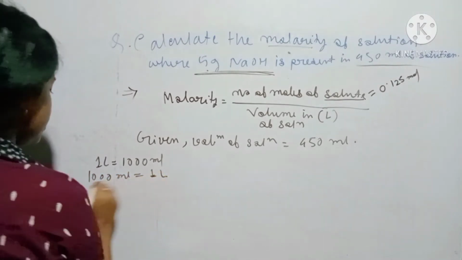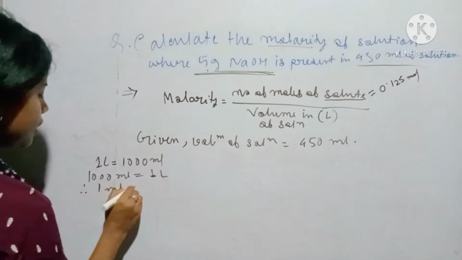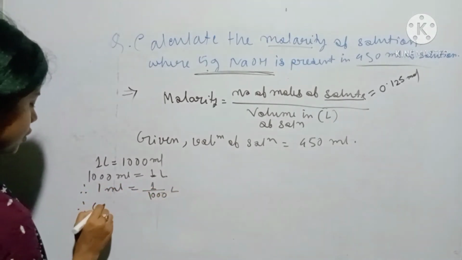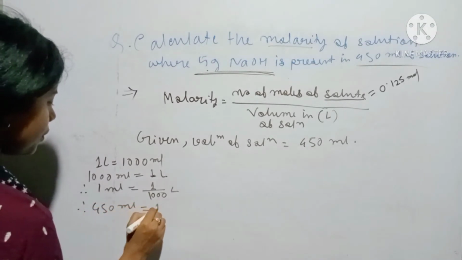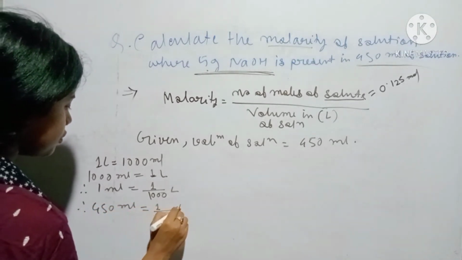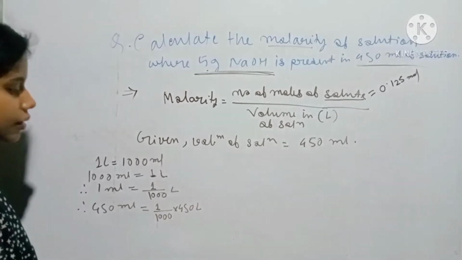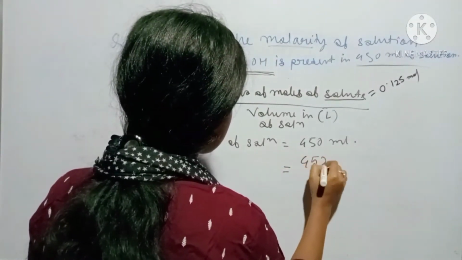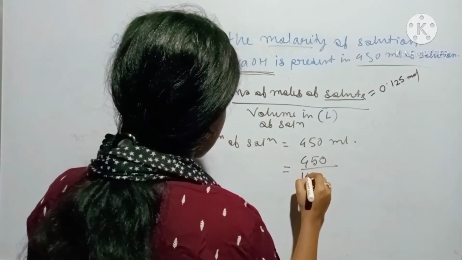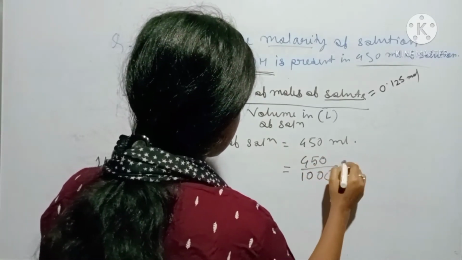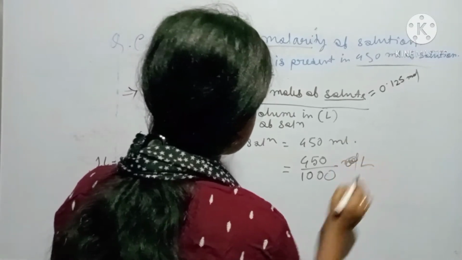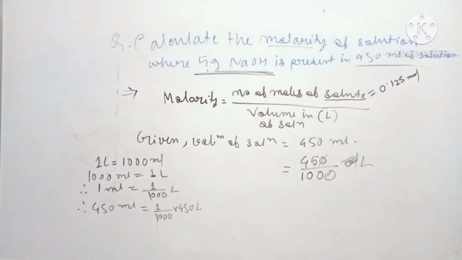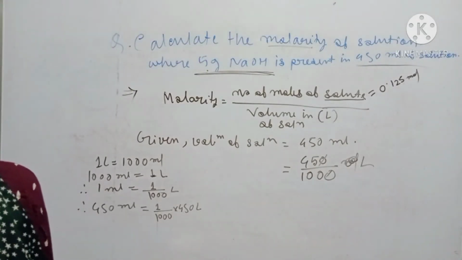So 1 ml equals 1 by 1000 liter, and 450 ml equals 1 by 1000 into 450 liter.